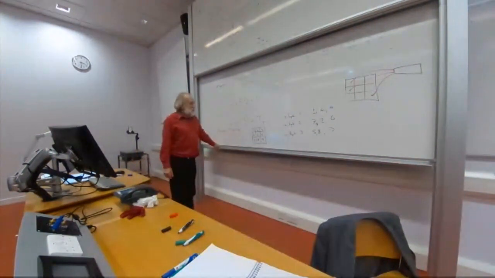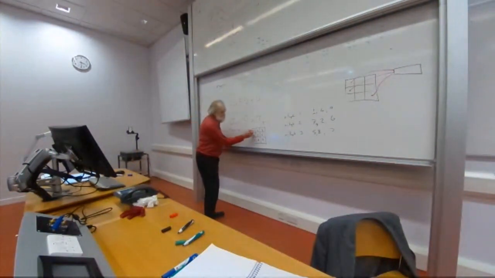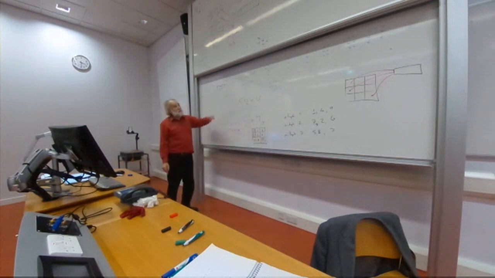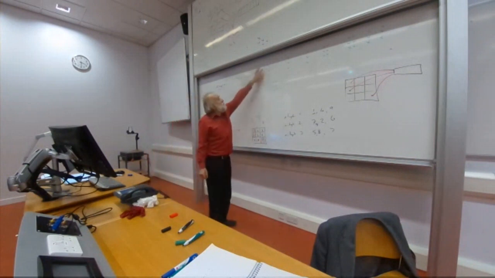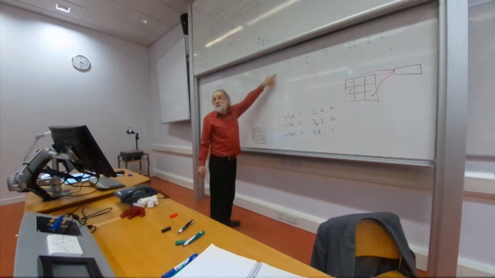Okie doke. 1, 4, and 9. Those are the pixels you're looking at. So 1, 4, and 9. It is going to be state 6. Yes? Anybody not see that? Speak now. If you don't, there's going to be an exam. How is it state 6?